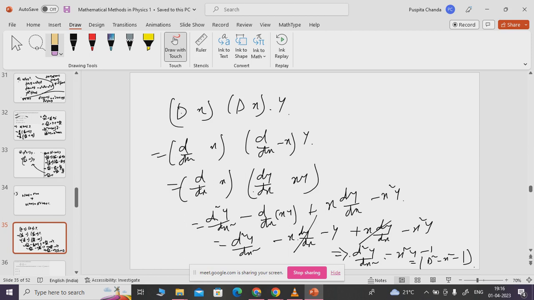There is some mistake I have done with the signs. The first one is minus, so it will be plus and this is minus, so it will be plus.